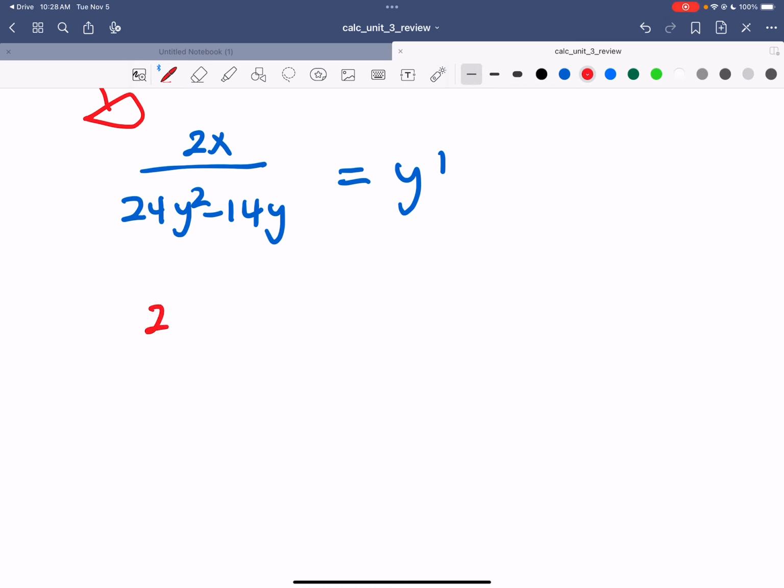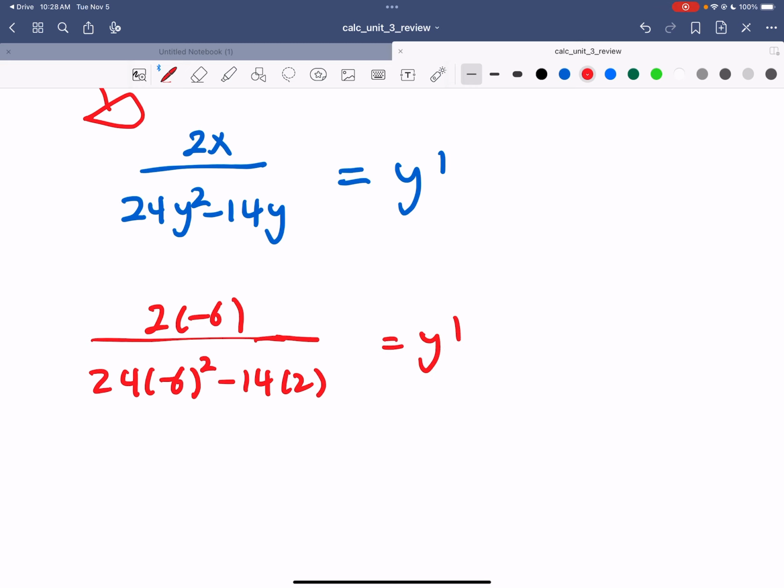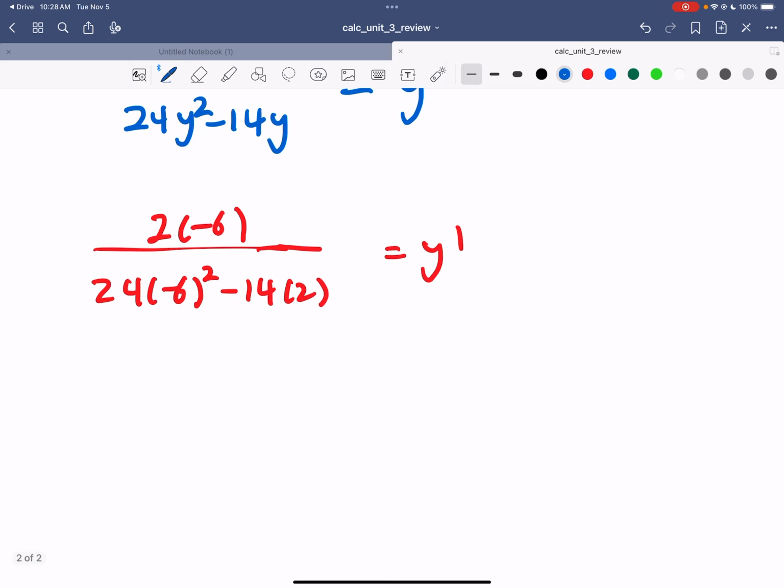So I'm going to put 2 times -6 over 24 times 2 squared minus 14 times 2. 2 times -6 is going to be -12. Oh my goodness. Wait. It's going to be too much work. So do you see it? Oh, no, I can't even do it. Never mind. Yeah. -12.